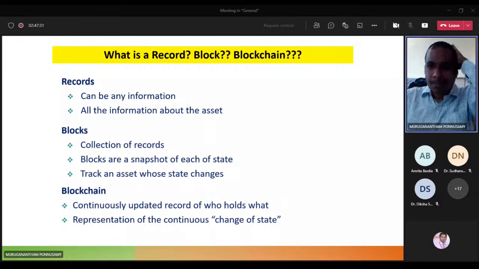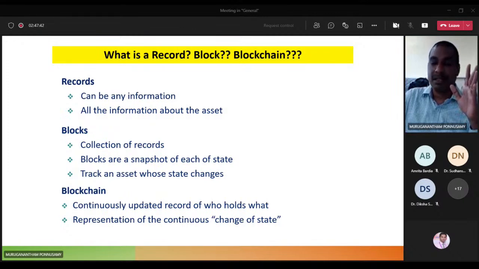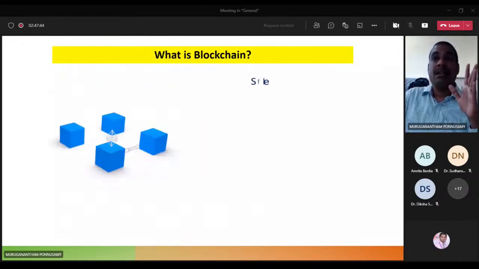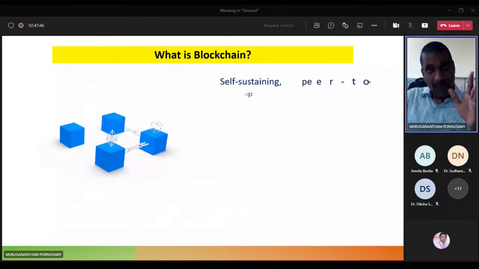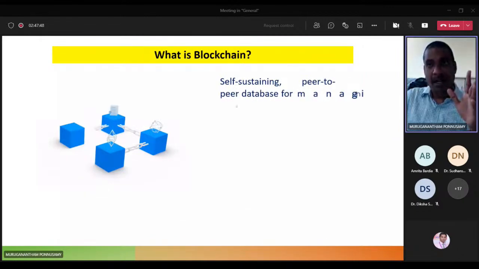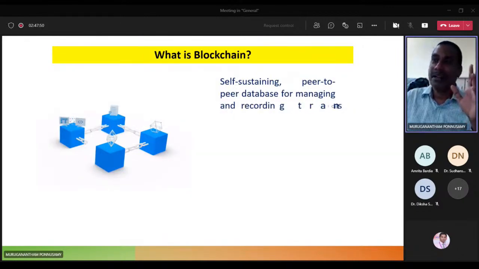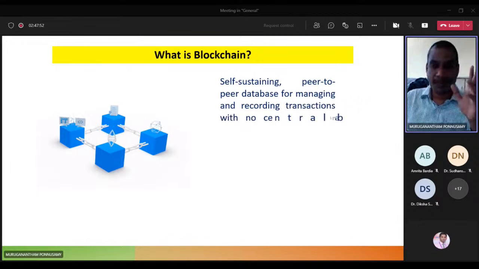So blockchain means a self-sustaining peer-to-peer database for managing and recording transactions. It is self-sustainable, manageable, and records transactions also.